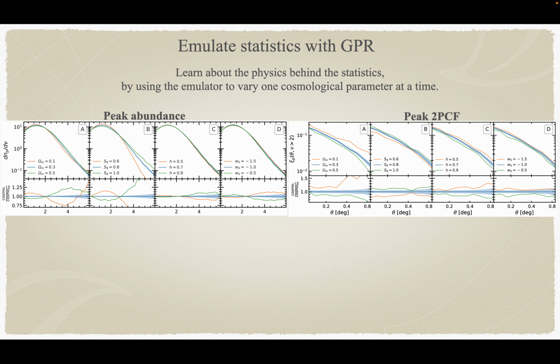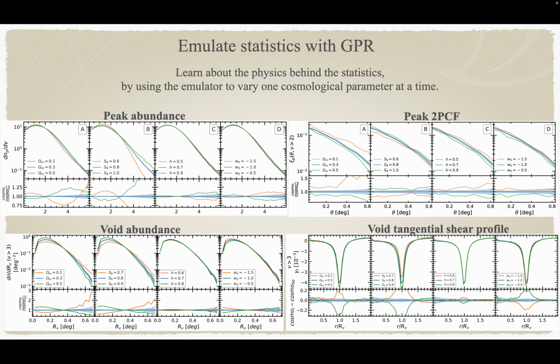So, once we have measured our statistics in the cosmosLICS suite, we plug those measurements into a Gaussian process emulator and use the emulator to learn about how the statistics depend on each of these cosmological parameters.